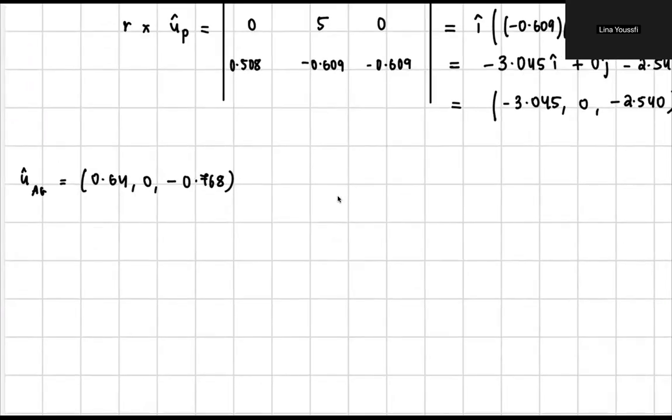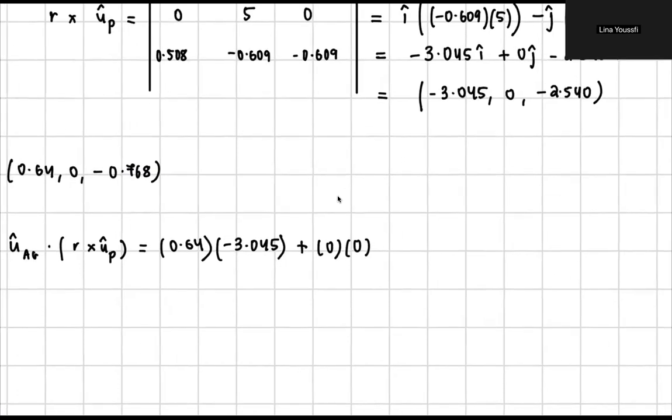So what that's going to look like is it's going to be unit vector of AG dotted with R cross U. So that's going to be 0.64 multiplied by negative 3.045, and then we're going to have plus 0 times 0 for the J direction, and then we're going to have plus negative 0.768 multiplied by negative 2.54.